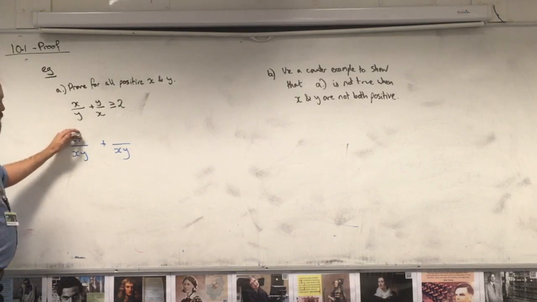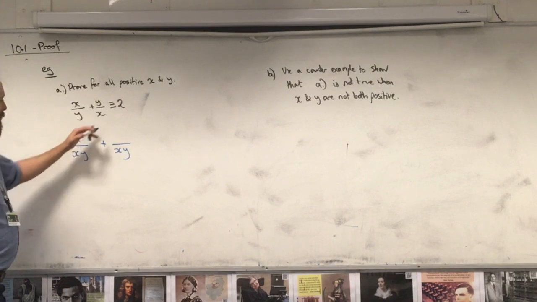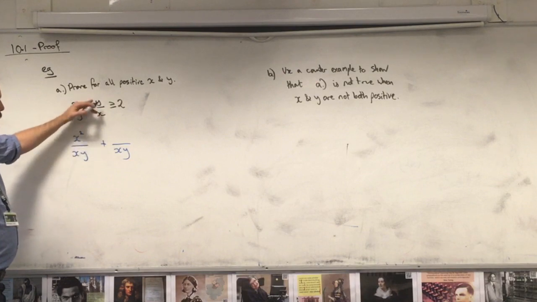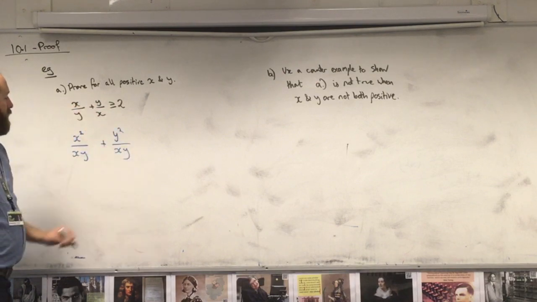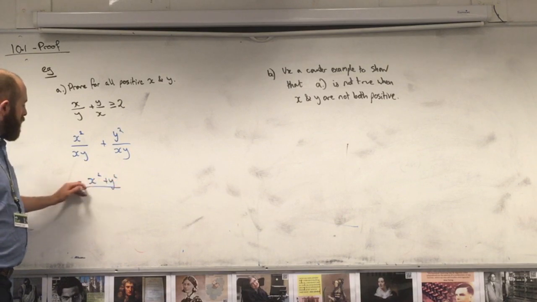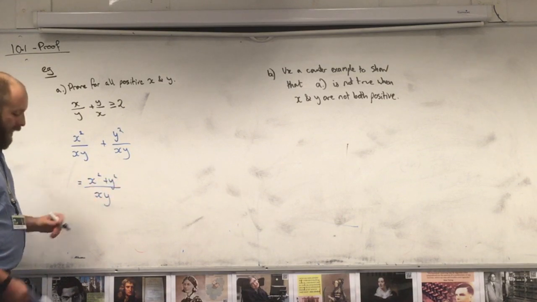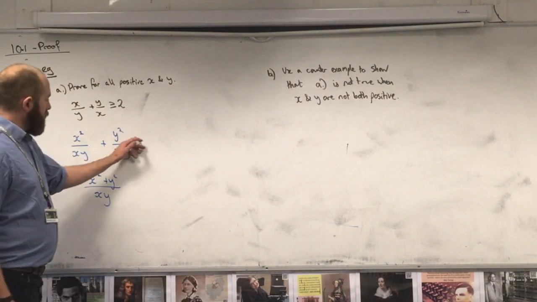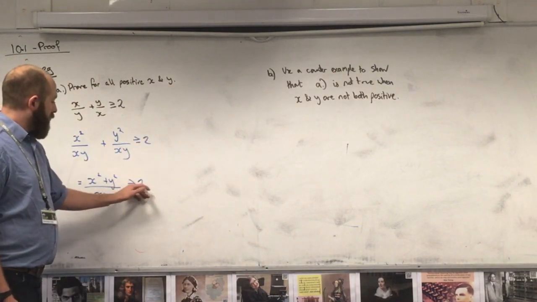So we'll get x squared over xy. And to get xy on the bottom here, we need to times this fraction on the top and the bottom by y. So we get y squared there. So we get x squared plus y squared over xy. So that should be greater than or equal to 2.